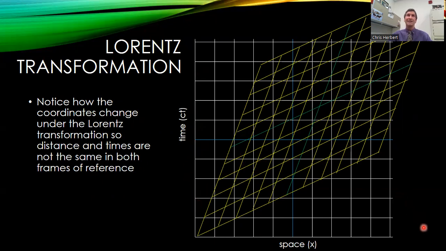In classical physics, we always say time is a scalar, displacement is a vector. And now we're almost treating time as being a vector.